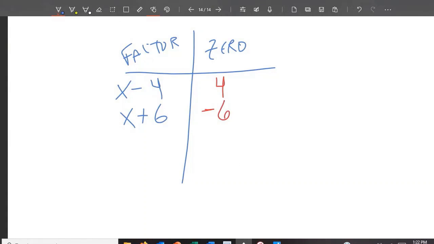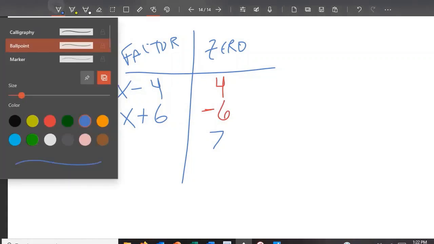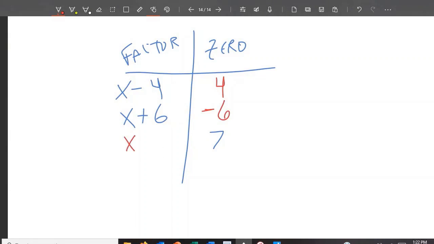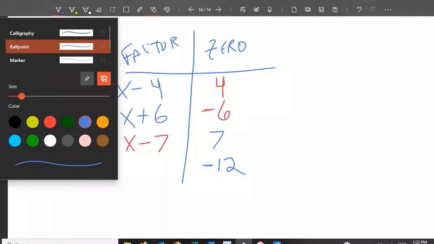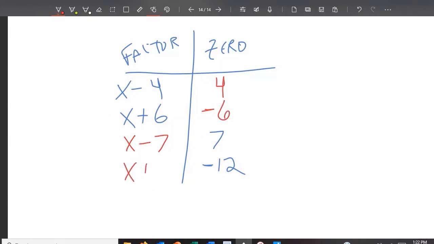If I'm told 7 is a 0, x minus 7 is a factor. If I'm told my 0 is negative 12, the factor is x plus 12. So we need to make sure that we remember the relationship between the factor and the zero. And this is going to be important whenever we start doing the synthetic division and stuff like that.